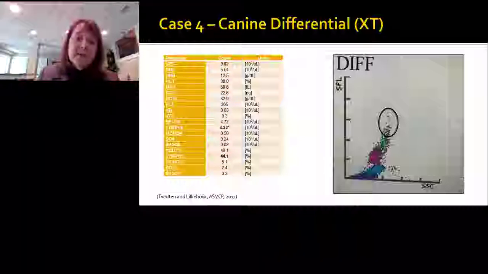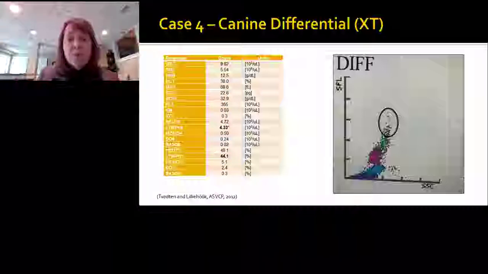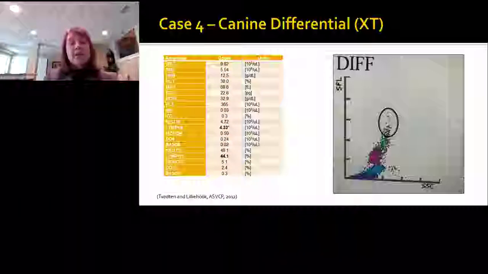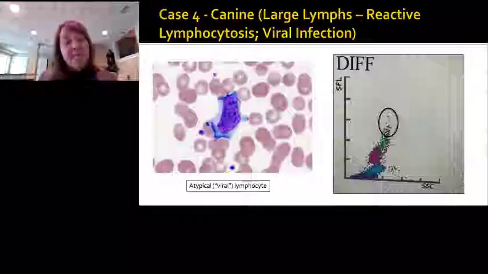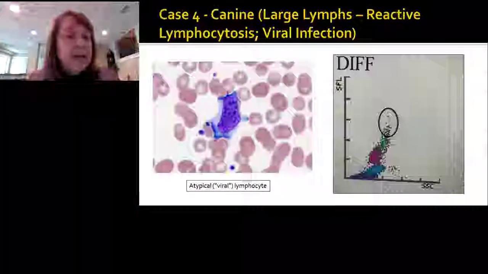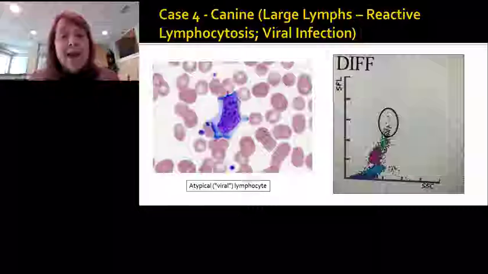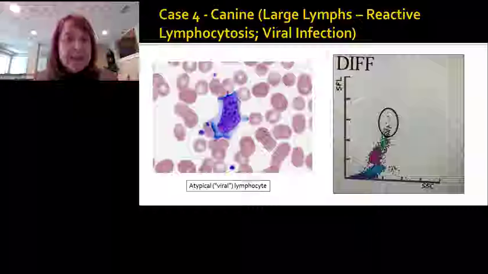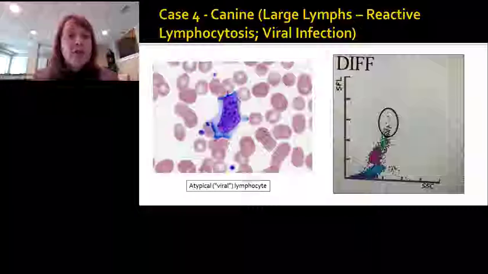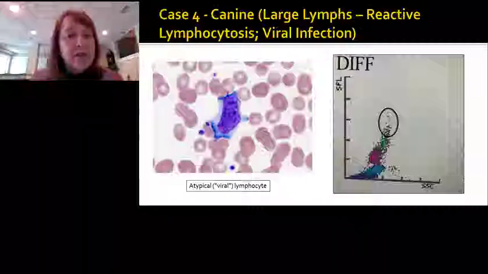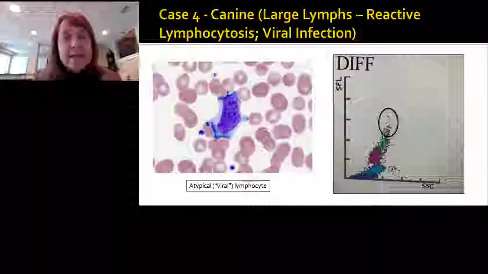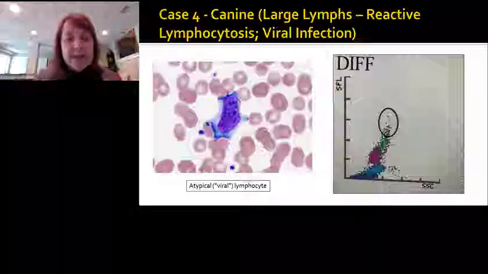So in this case, you would also want to do morphology. And in this particular case, it would not be uncommon that you might find cells that look like these. These indeed are atypical lymphocytes. Some individuals still call them viral lymphocytes. They are large lymphocytes that have abnormal staining. The blue staining sometimes is consistent with the production of immunoglobulins by these lymphocytes.